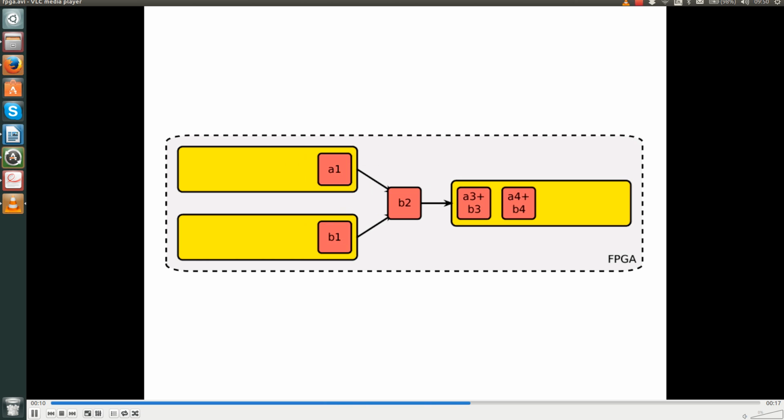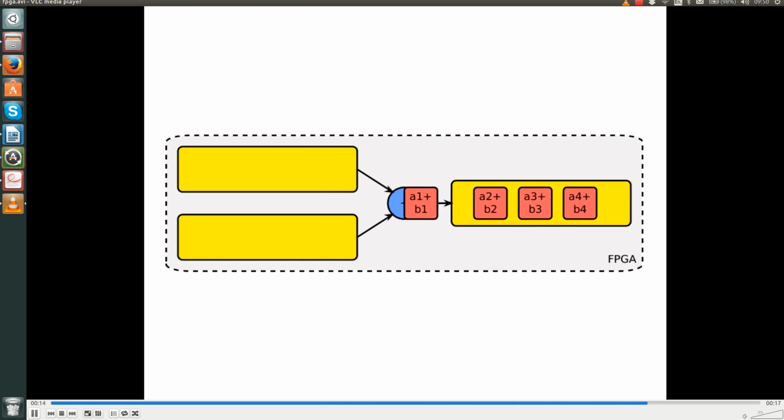So every clock cycle we get a new piece of data. Pipelining is widely used in FPGA implementations, and it is an efficient technique to speed up computations and to increase the throughput.